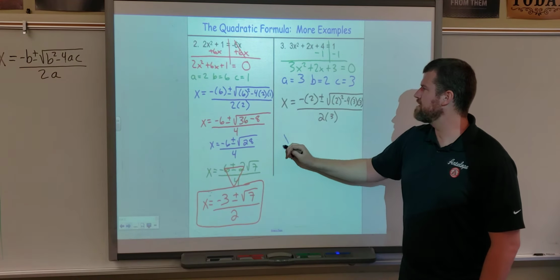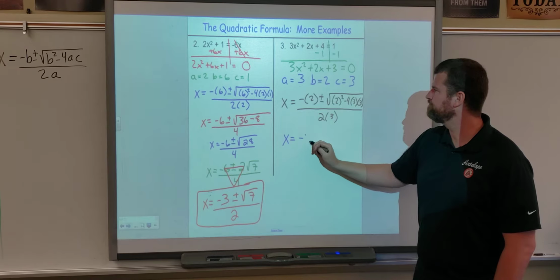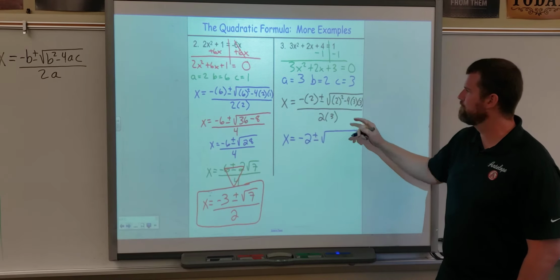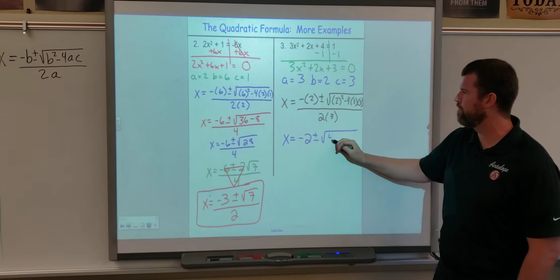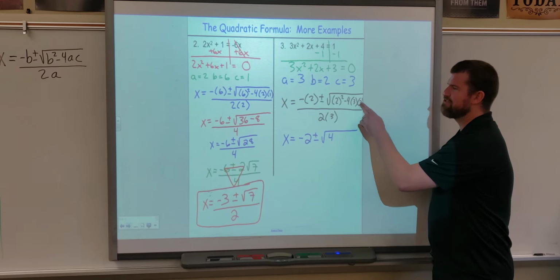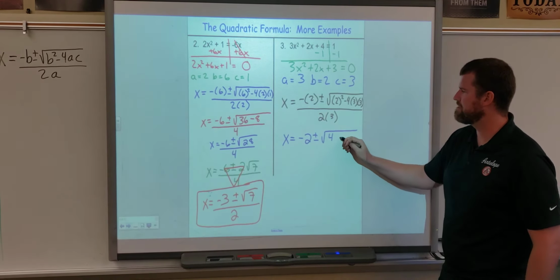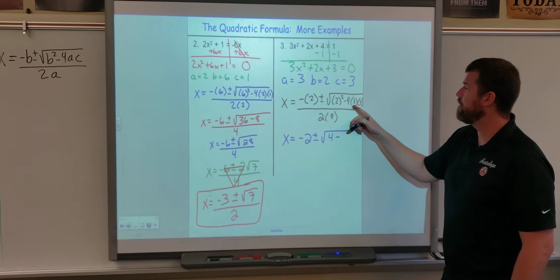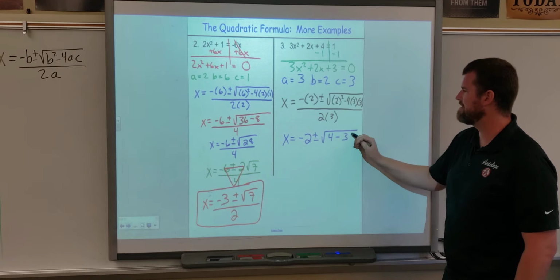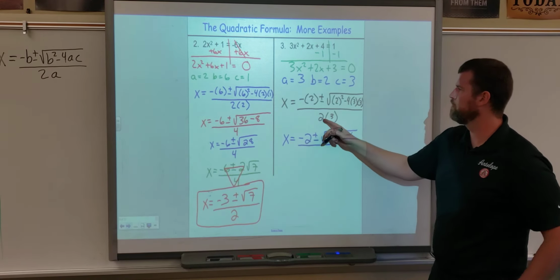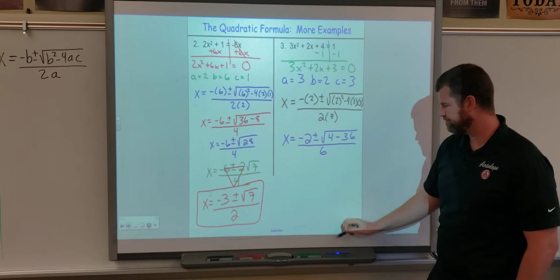All right, continue to simplify. Negative 2 plus or minus the square root of 2 squared, which is 4, minus, now there's no other negative, so it's going to stay minus, 4 times 3 is 12, 12 times 3 is 36, all over 2 times 3.